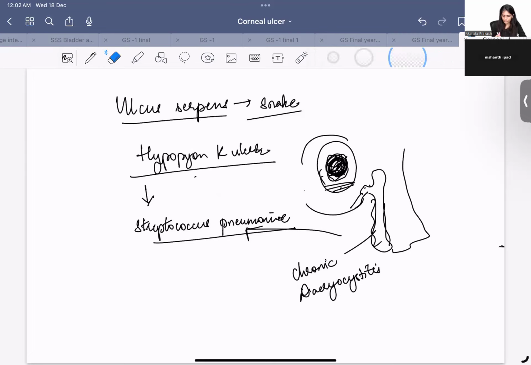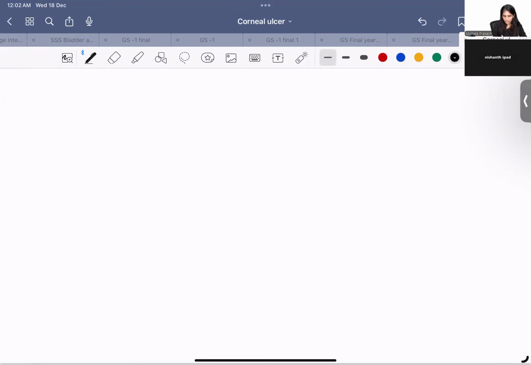So now we'll move on to fungal corneal ulcer. Here, the fungal corneal ulcer is more common in your tropical countries. So in India, if we have to say which is common, it is your fungal corneal ulcer, because India is a tropical country.